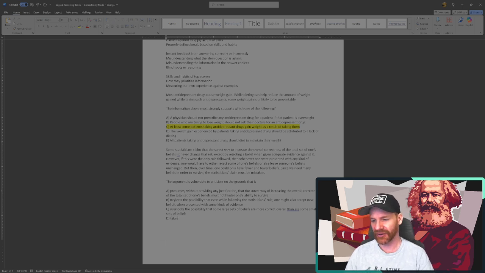Okay, D takes for granted that one should accept some beliefs related to survival, even when given adequate evidence against them.